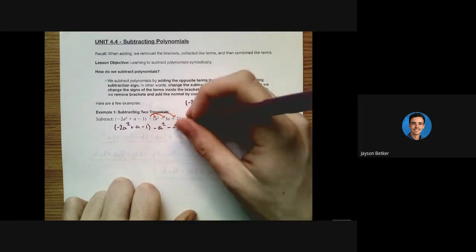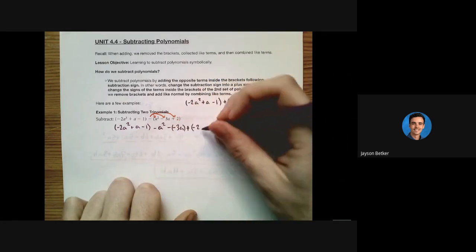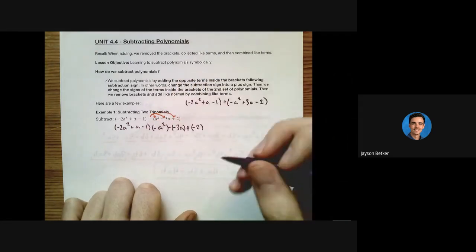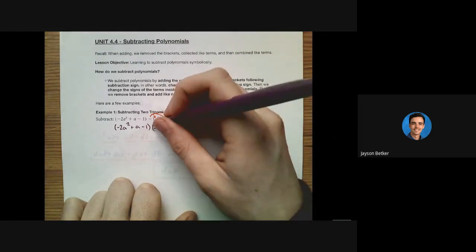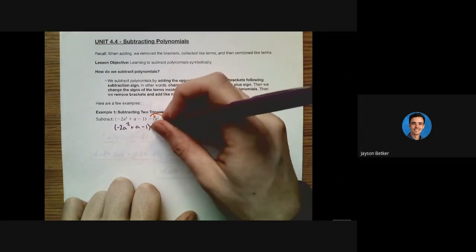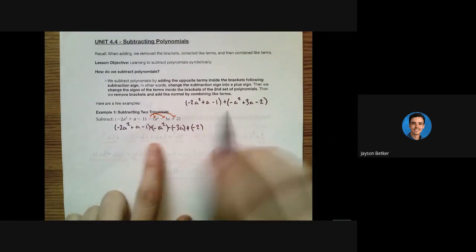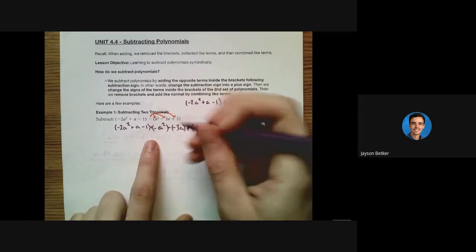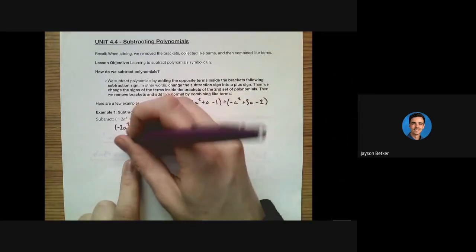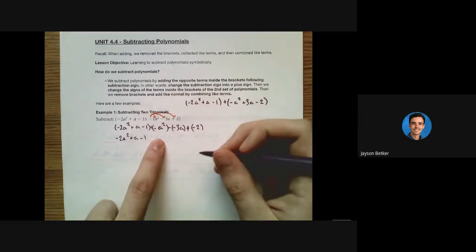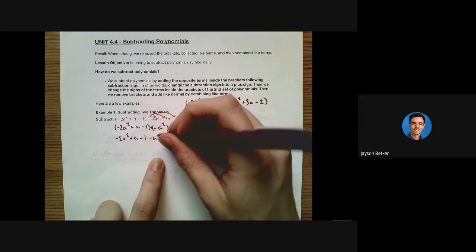Now I'm just going to put brackets around where these negatives went in, and it ends up looking like that. And this right here is where it gets kind of confusing. That's where that plus comes in. You still need to make sure that they're not added. So if I take away these brackets, I get negative 2a squared plus a minus 1 minus a squared.